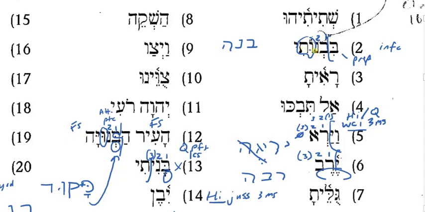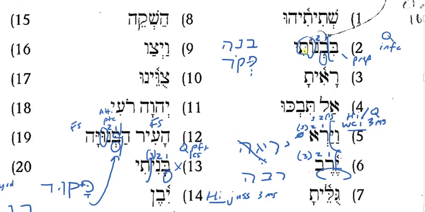So benot, the act of building. If this is an infinitive construct, I have a shiva under the bet. Which stem has a shiva under the root 1 for the infinitive? The qal does. Think p-code, right? P-code. That's the qal infinitive construct.